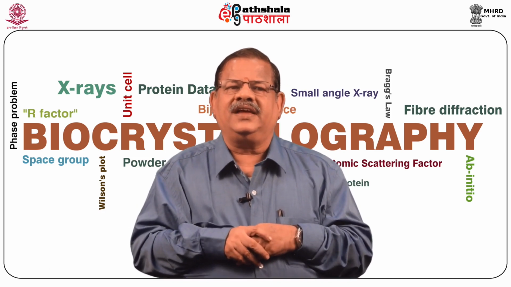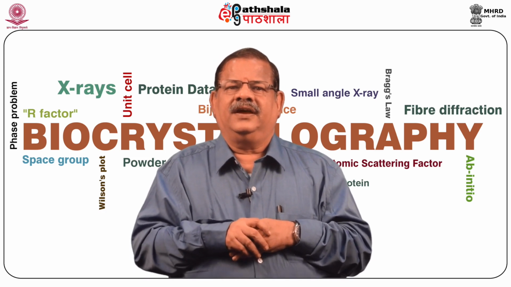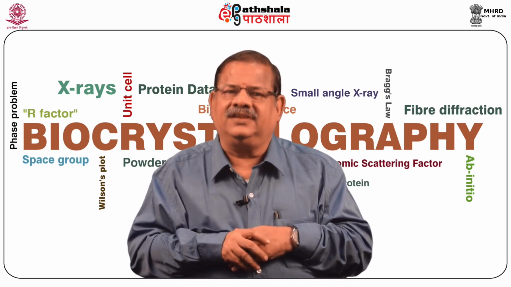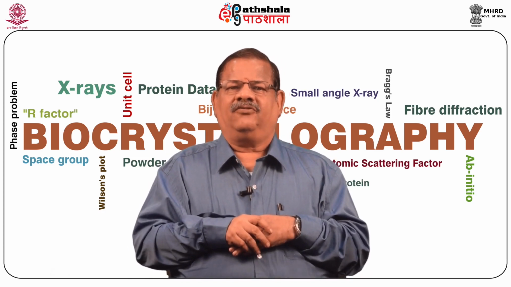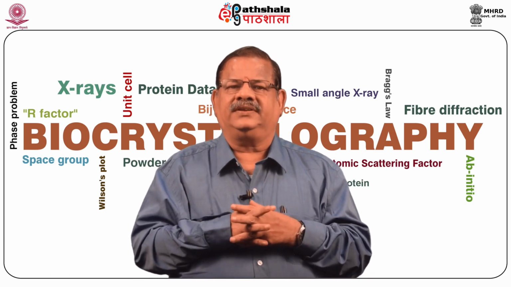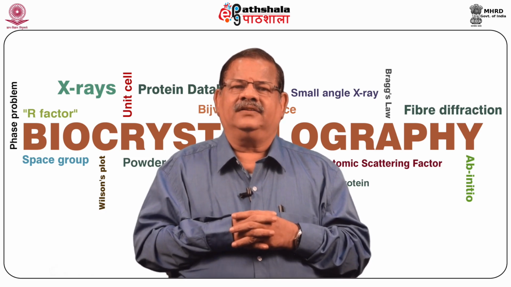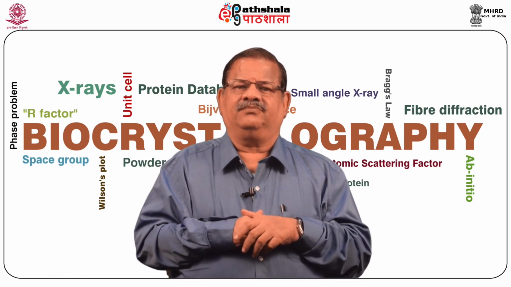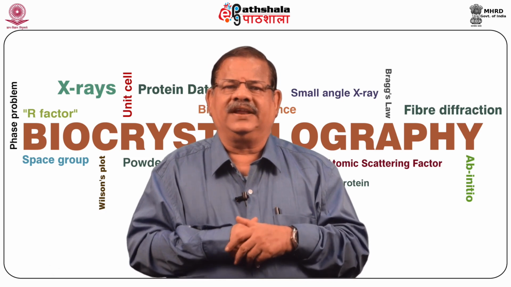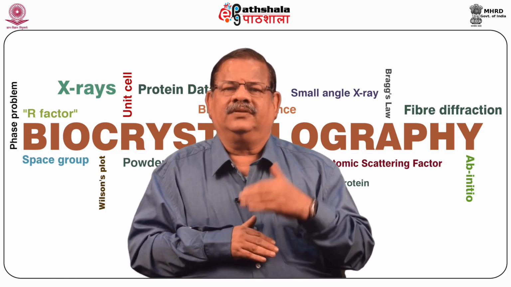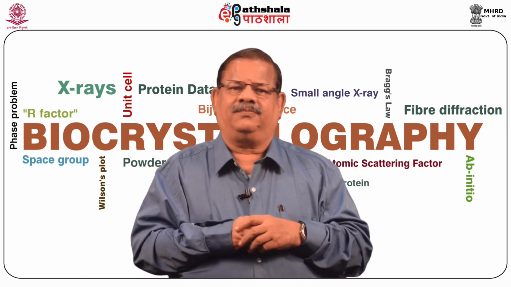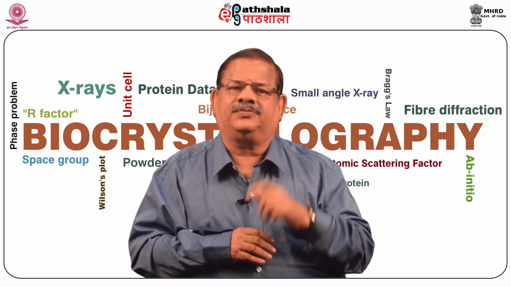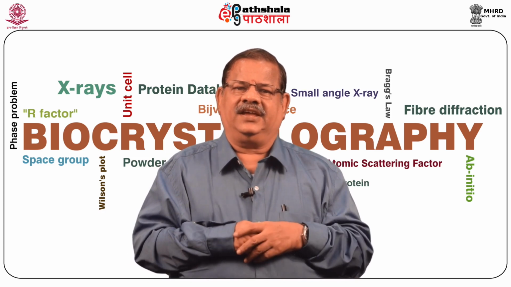If you look at the ray incident on the second plane, it is traveling a larger distance compared to the ray incident on the first plane. So one is interested in finding the path difference between these two rays scattered from the first plane and the second plane, where the distance between the planes, called the interplanar spacing, is d_hkl.